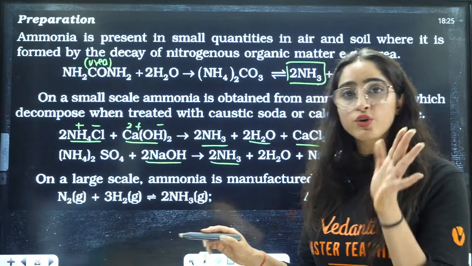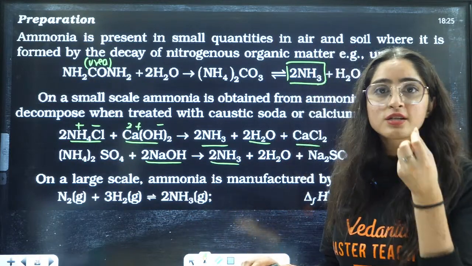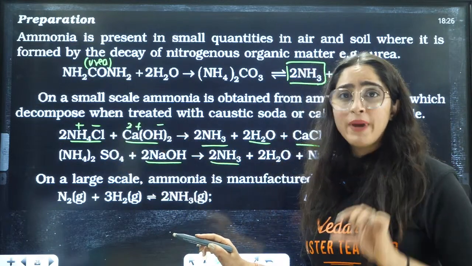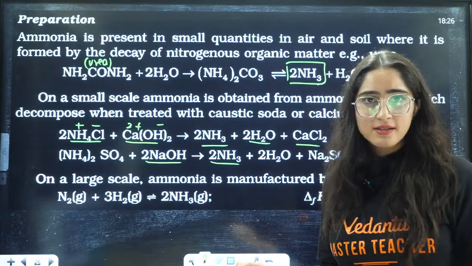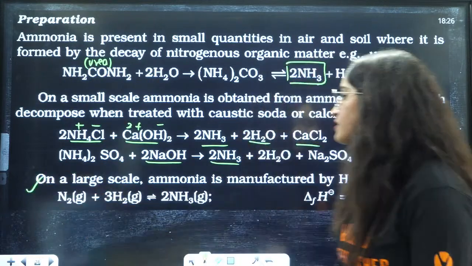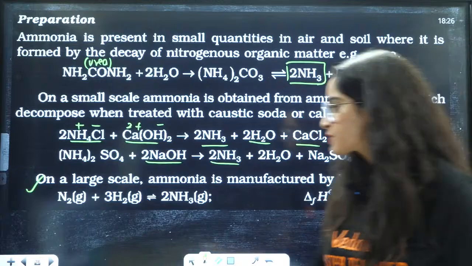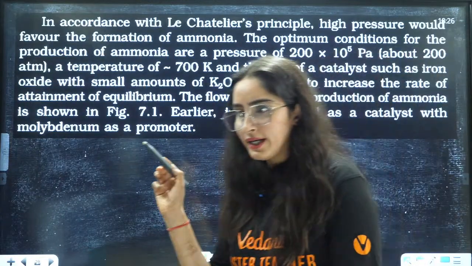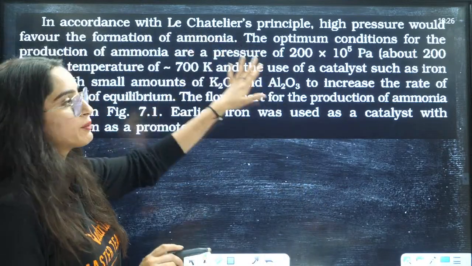Then you don't need to remember the full reactions. Just remember one thing: ammonium salts with a base can form ammonia. That's it. Okay. On a large scale, ammonia is prepared by Haber's process, right? In accordance with Le Chatelier's principle, this is important, right? Because we have seen this in equilibrium as well, right?